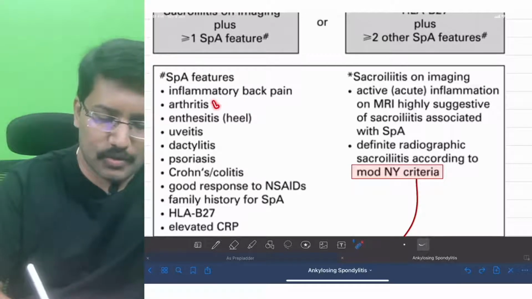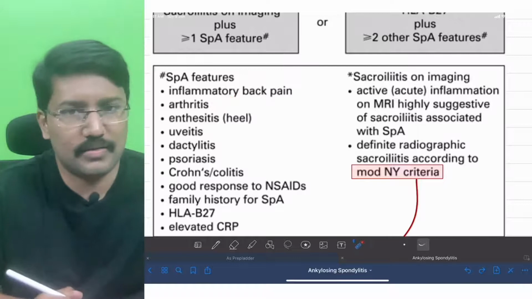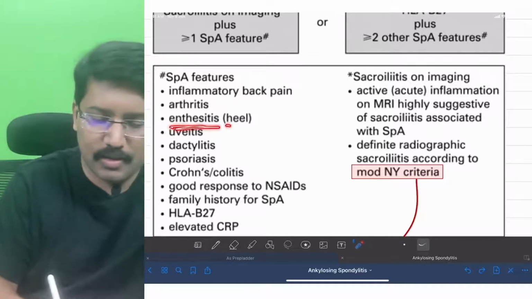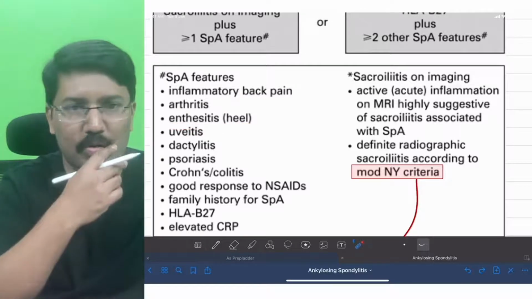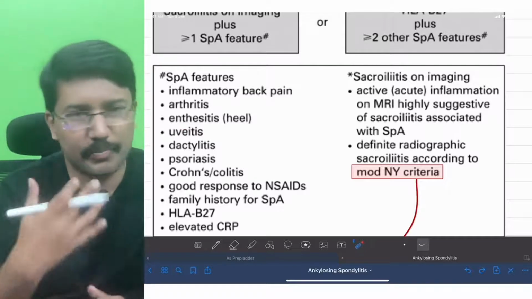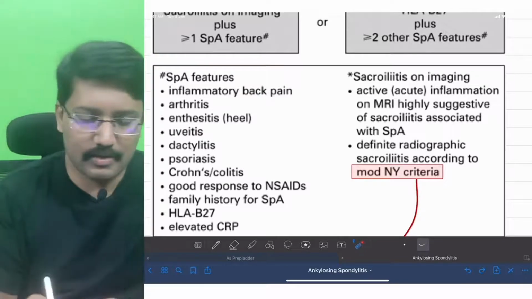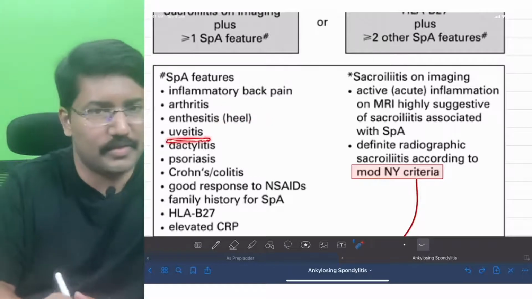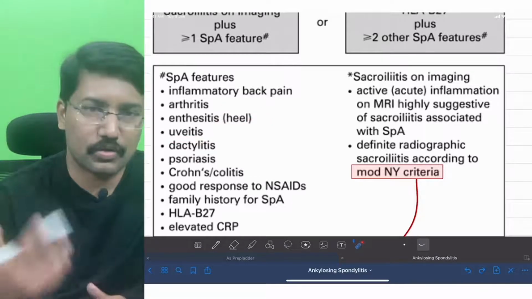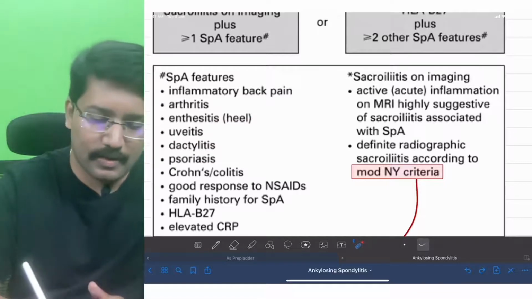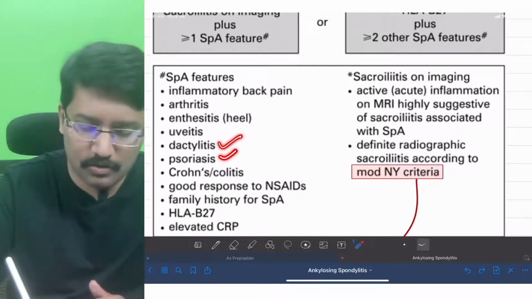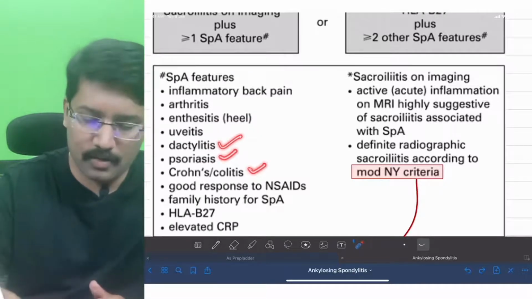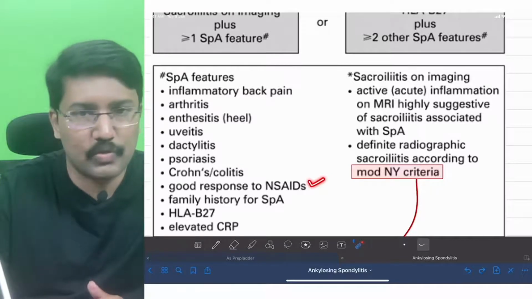Then it may be associated with other peripheral arthritis, right? Enthesitis, particularly heel, right? I was already telling you about the heel pain. If the patient had plantar fasciitis, that may be a pointer towards enthesitis. Then uveitis, we already know now that it is the most common extra-articular manifestation. Dactylitis, having psoriasis, Crohn's disease or other colitis, or a history of good response to NSAIDs.